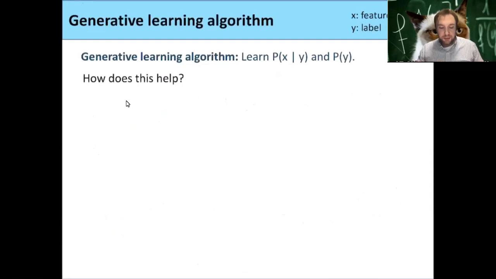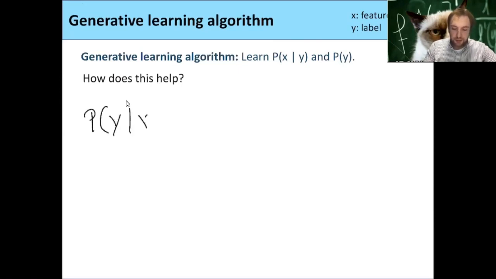So in our case, why does this help? The statement was, we will learn P(x|y) and P(y). But what we want in the end is we want to know the probability of y, assuming x, because this is what our model should learn.